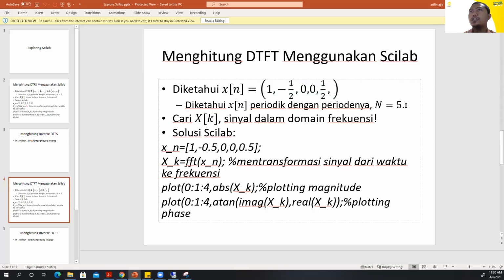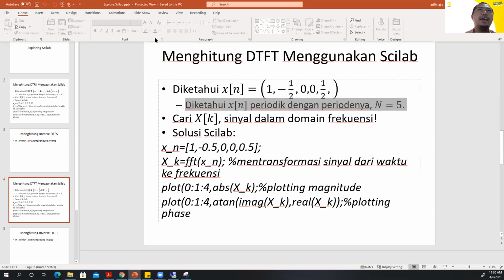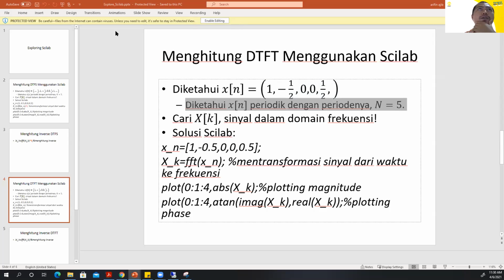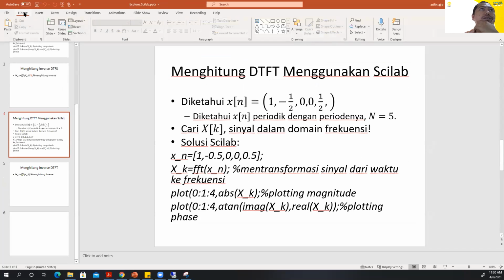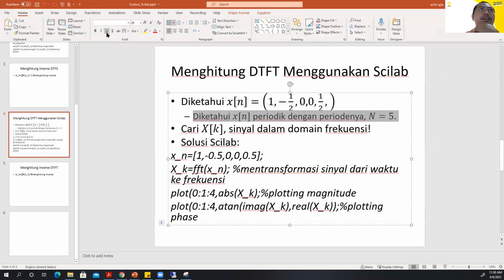So in this case, no need to compute the periodicity, so this one should be deleted. And then find the xk, which means the signal in the frequency domain.